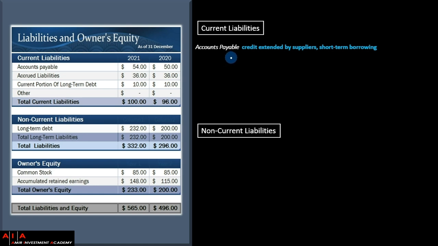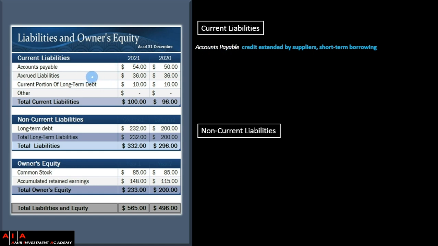So that is your obligation. That is accounts payable. That is something that you have to pay within a year. Or it could be short-term borrowing. You can do the same. You can go to a bank and get a short-term loan, right? So that is also categorized in terms of accounts payable.